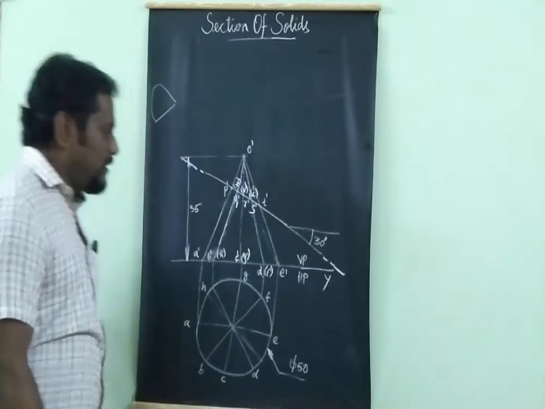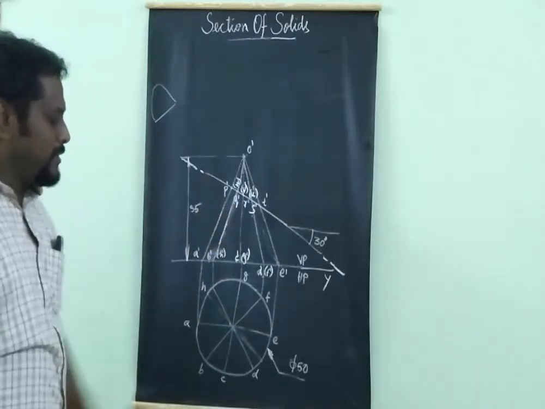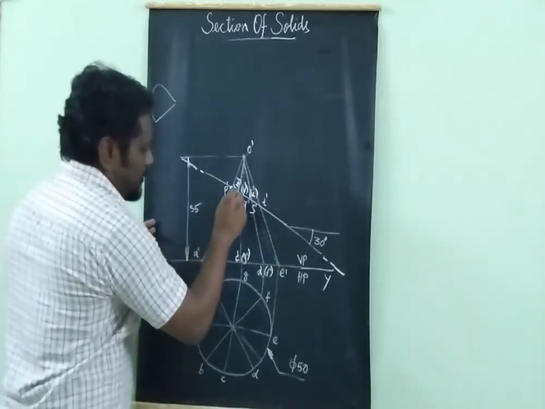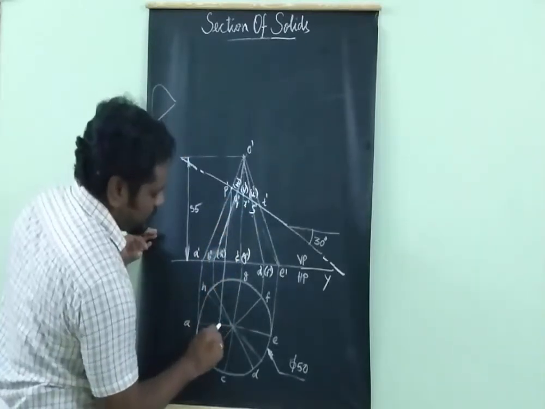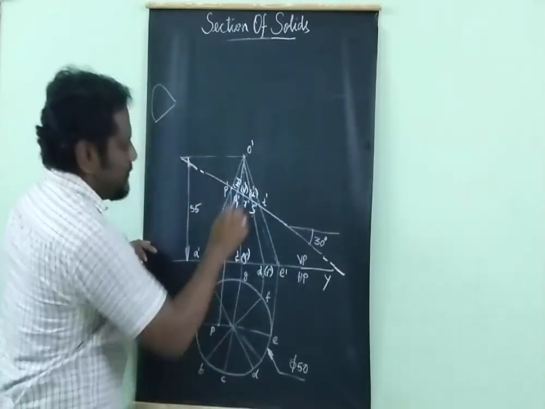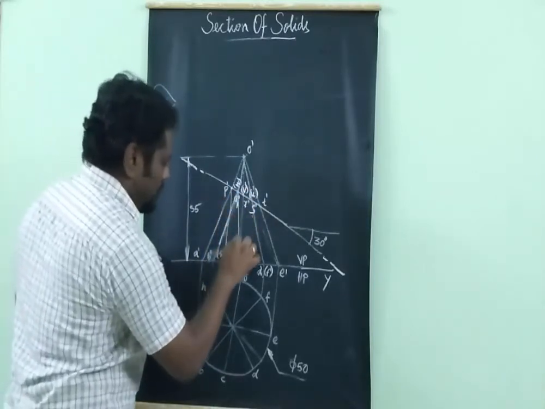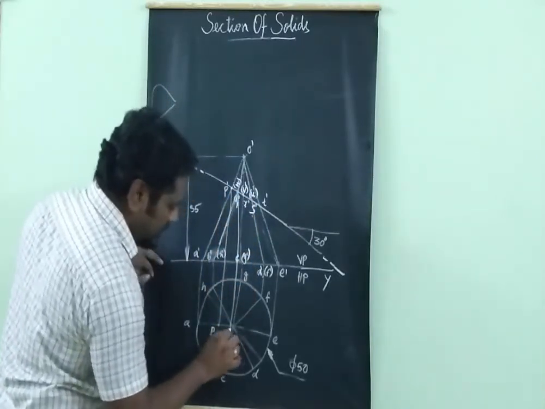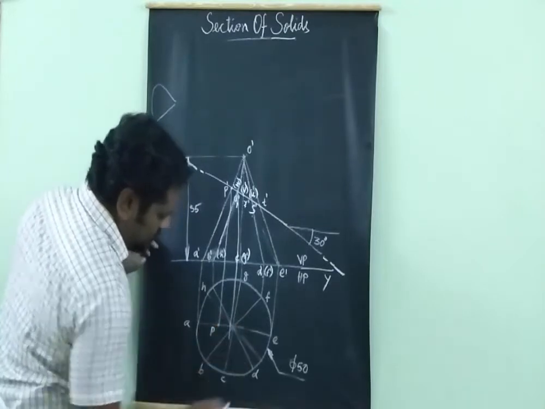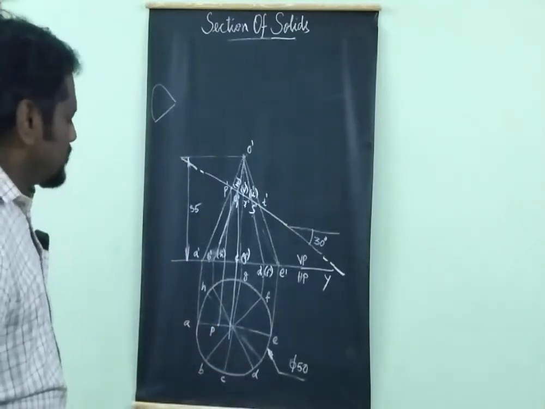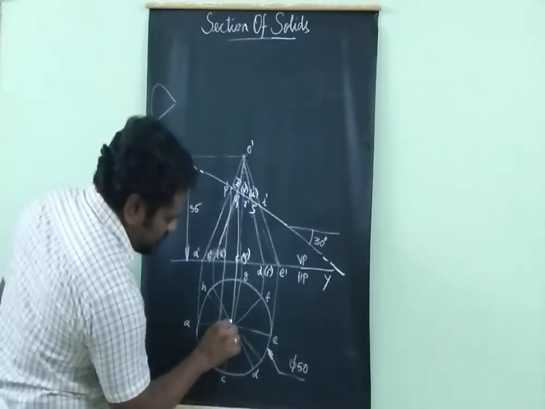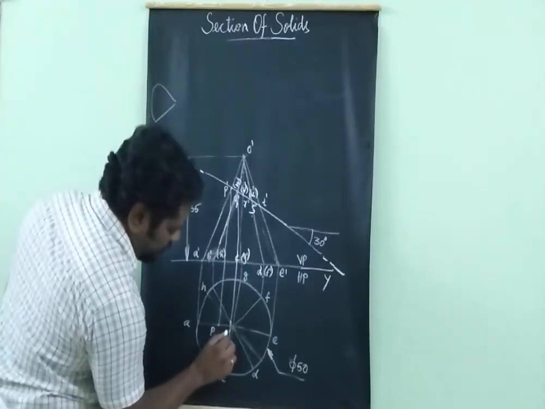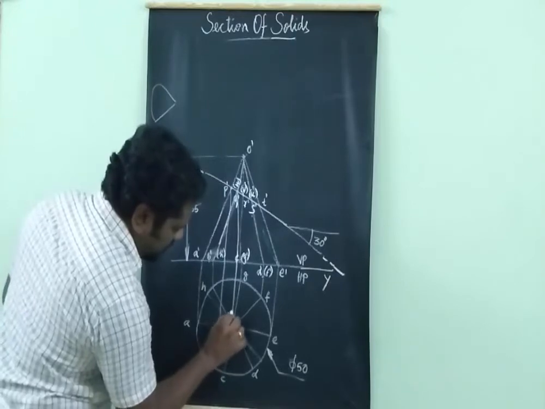Now to transfer the cutting points, you have to project point P downwards up to the point on OA. So this is your point P. Similarly, Q and W will come here. So here it will be point Q, this is my point W, right?